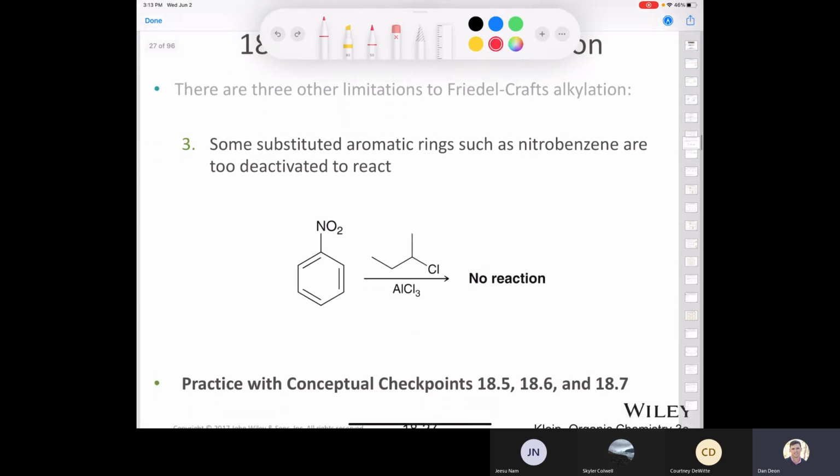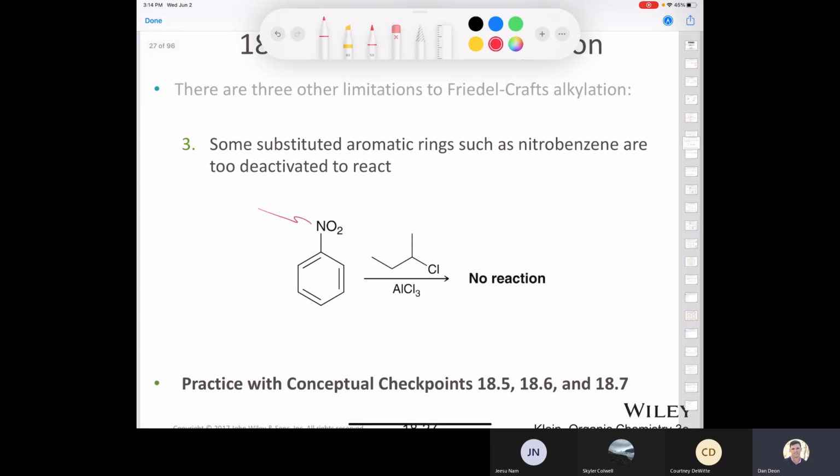Another funny limitation, and I've seen this come up on the ACS final before. It's one of those that students tend to forget, and when I say students, I mean everybody. It's when you have a nitro group on the aromatic ring. There are other groups besides nitro, and I'll show you another example of something that's what we call deactivating.